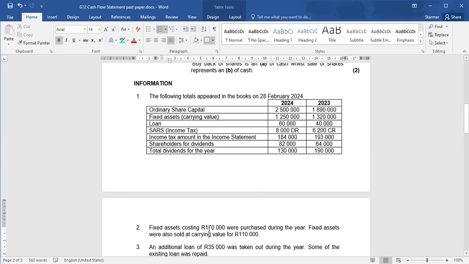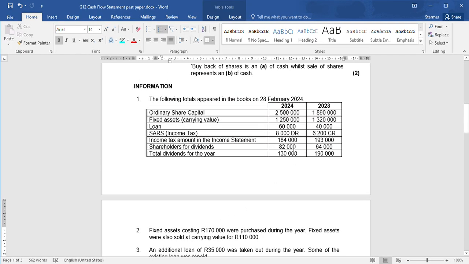But if you have a look here, of that 130,000 here, we've got shareholders for dividends of 82,000. That's our final dividend for this year. Remember, final dividends are declared only, and only after they've been approved at the AGM are they actually paid.